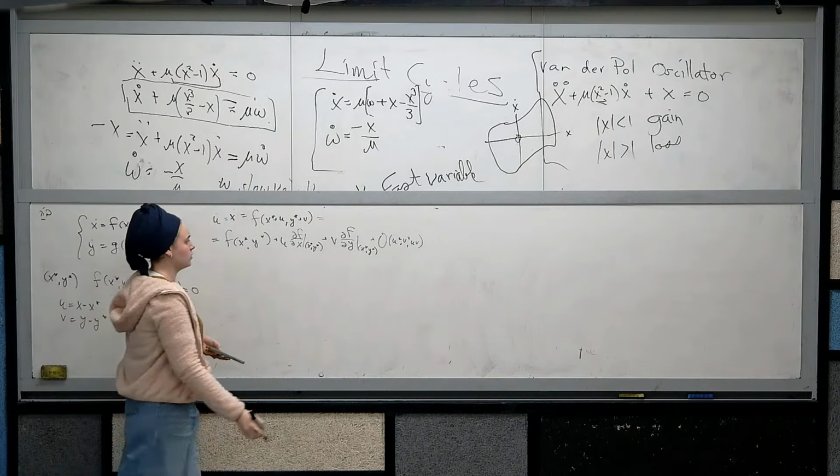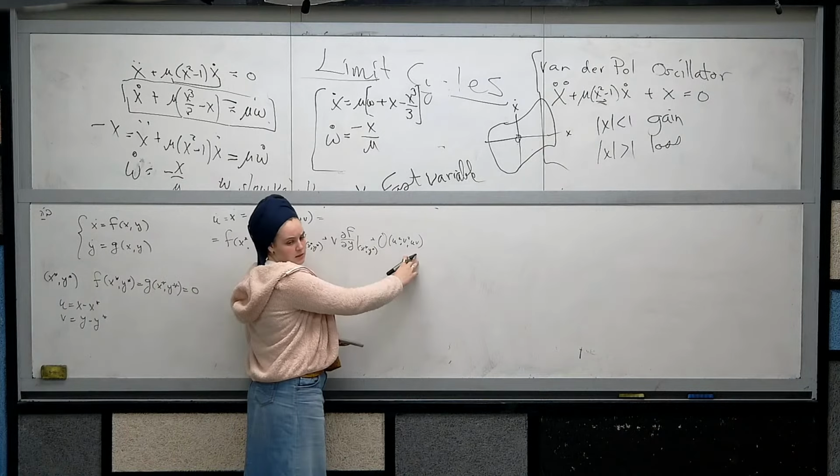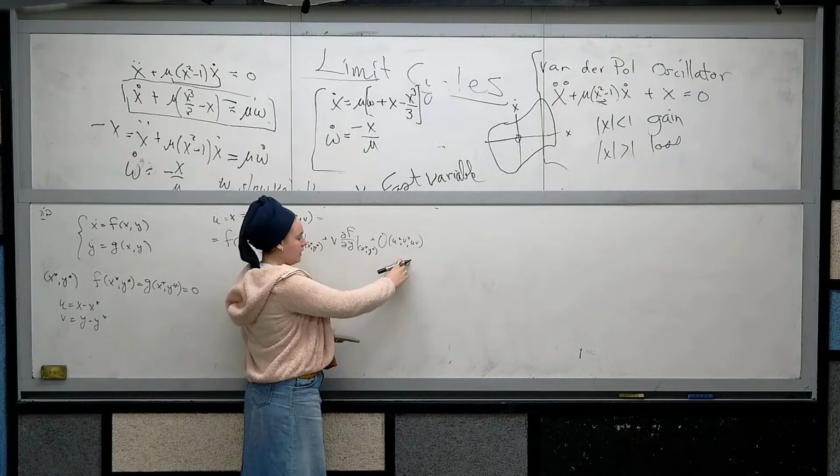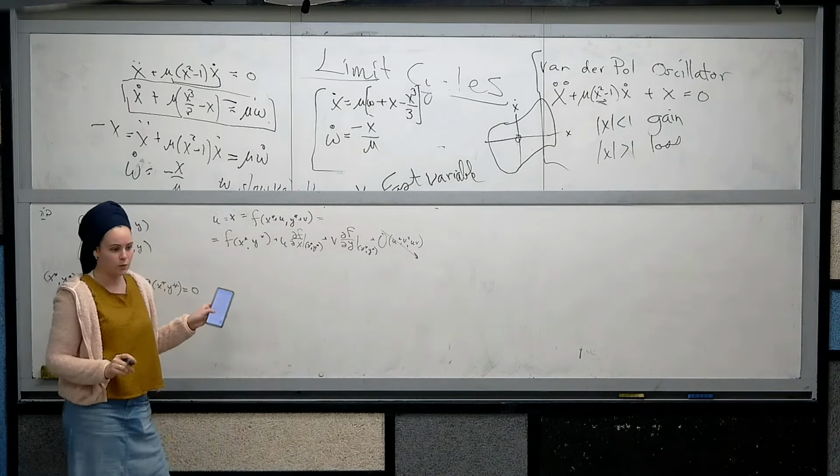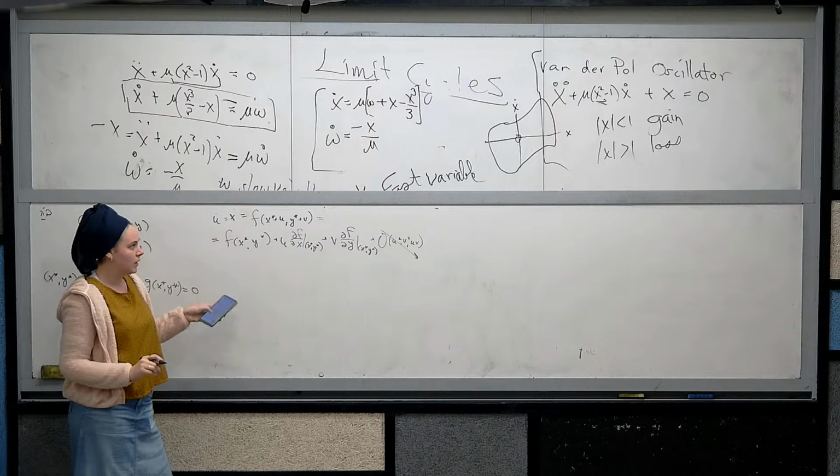What we want to say is that this is a small argument, so we want to cancel it. But this we can do only when we are not on the boundary conditions.